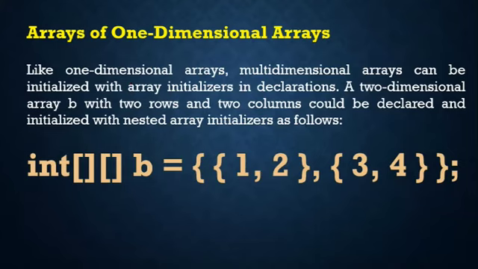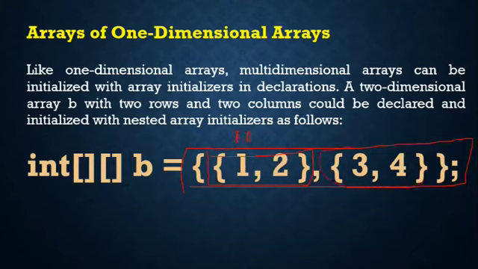With the one-dimensional array, we can declare or initialize array values using curly braces. With the two-dimensional array, you initialize it like this. Each set of curly braces is a row. So this is row 0.